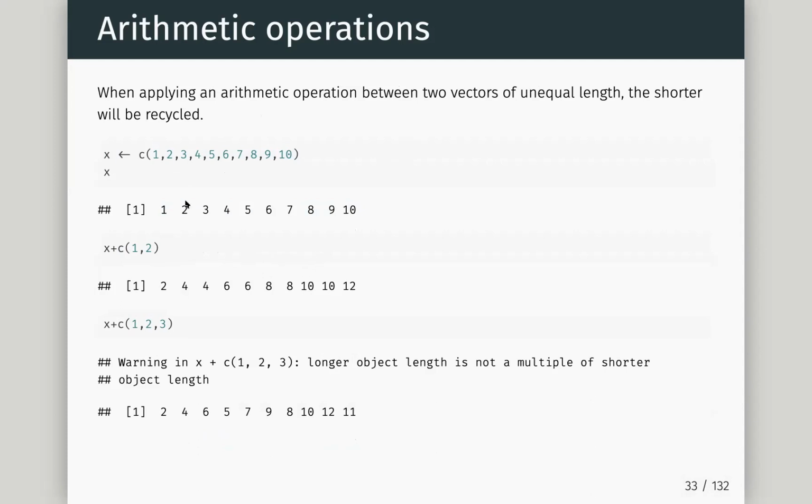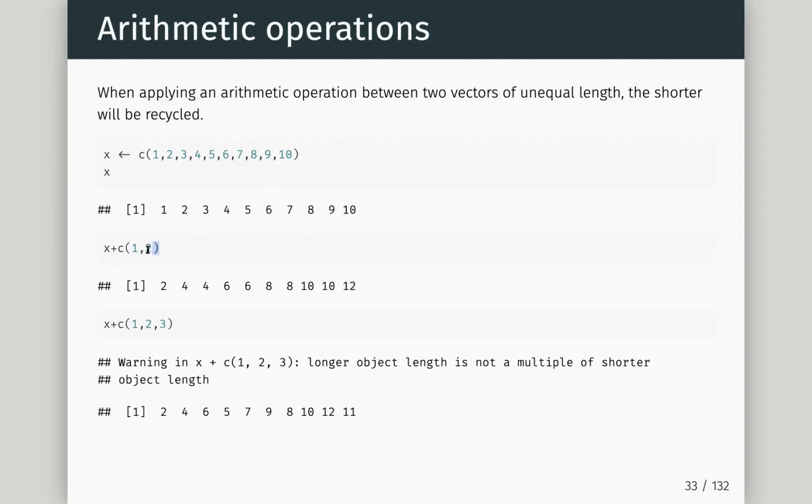So just to show you what's really happening there, 1 plus 1, we got 2. 2 plus 2, we get 4. 3 plus 1 again, we get 4. 4 plus 2 again, we get 6. 5 plus 1, 6 plus 2, 7 plus 1, 8 plus 2. So it's recycling this as it moves along. It uses them for the first two, and then it uses them again and again.